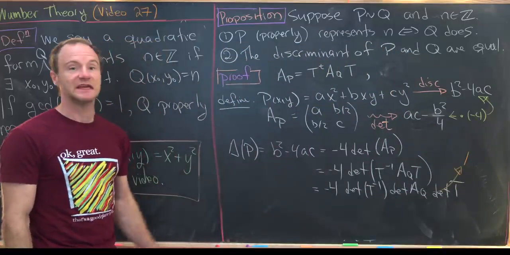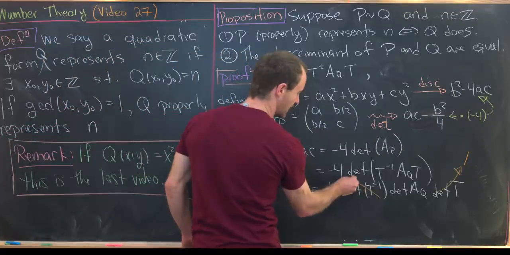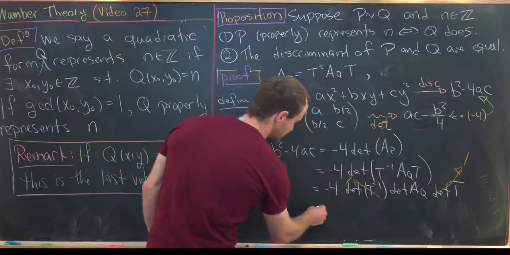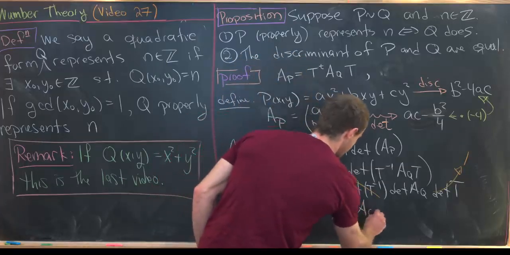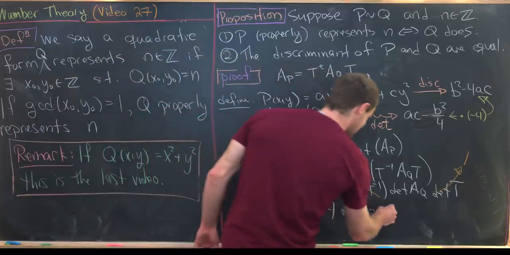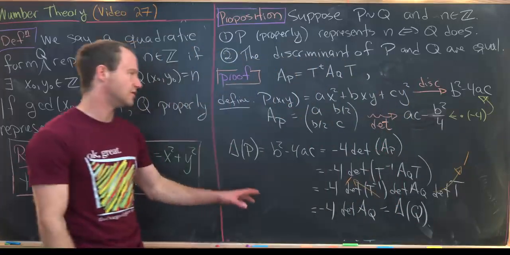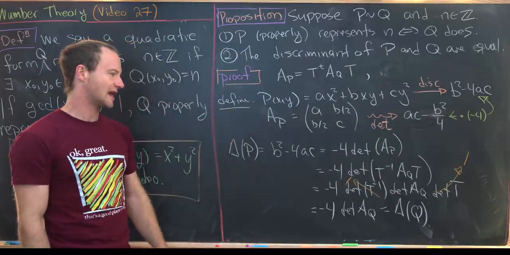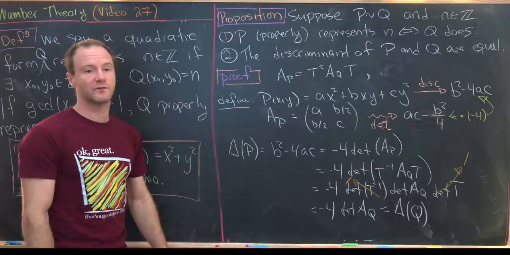And the determinant of T inverse will be the inverse of the determinant of T, so it's just 1 over 1. In other words, it's 1. So in the end, we get this as minus 4 times the determinant of our matrix A_Q. But now that's going to be exactly the discriminant of our quadratic form Q by this observation that we had up here that we used in our first step. So we finished this proof of part 2.